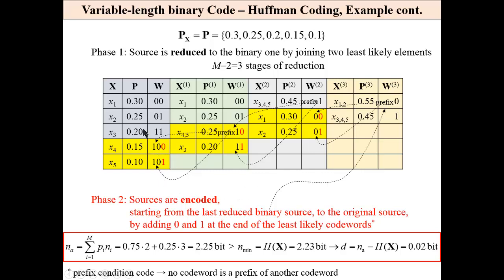That way the original source has been encoded, and the code is optimum as regards the average code word length. For this exemplary data, this is 2.25 bit. The absolute minimum is 2.23, which means that the distance from the absolute minimum is very narrow, 0.02 bit.